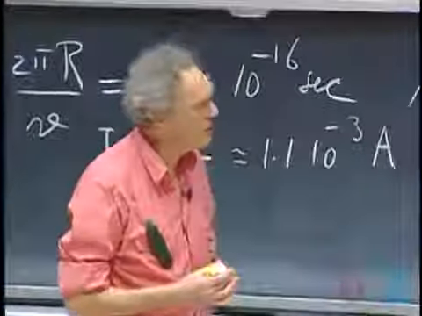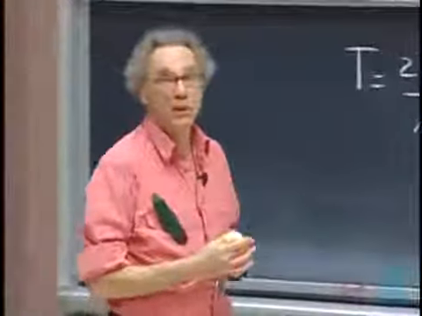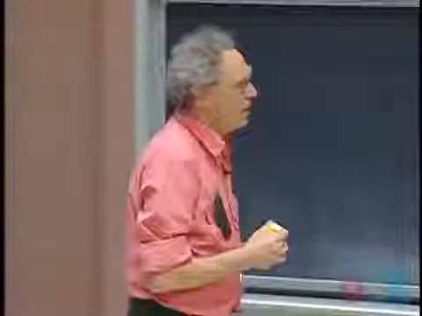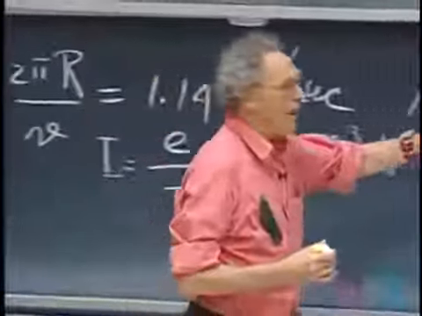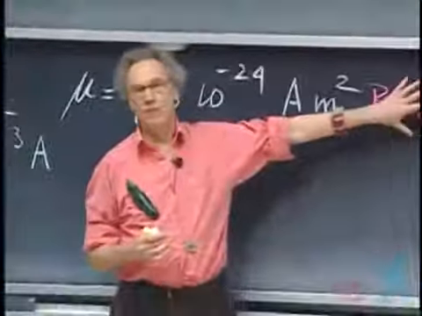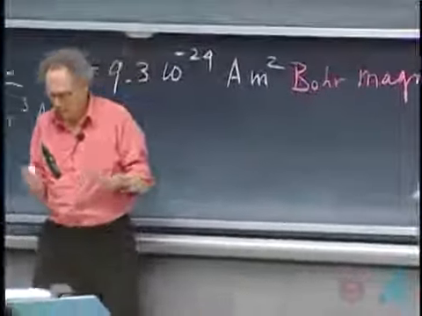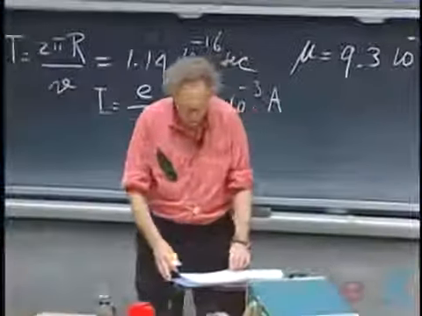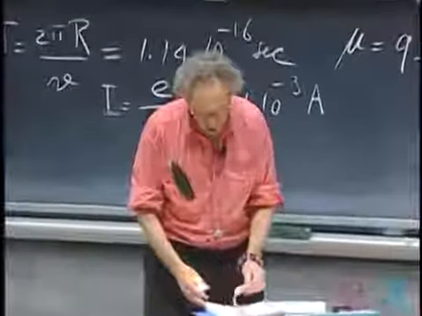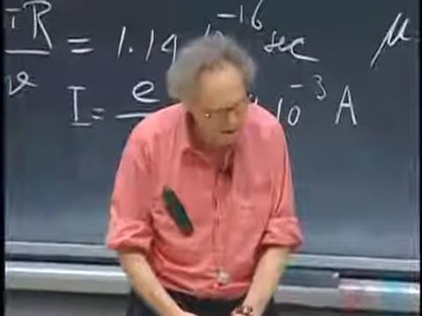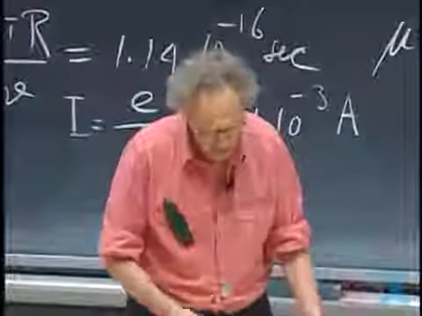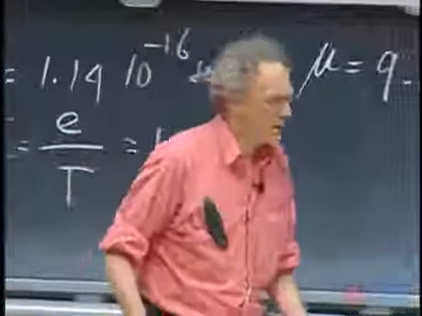The net result is that most atoms and molecules have dipole moments which are either 1 Bohr magneton or 2 Bohr magneton. That is very common. And that's what I will need today to discuss with you how strong a field we can create if we align all those magnetic dipoles.